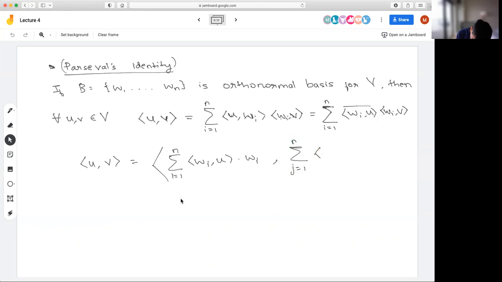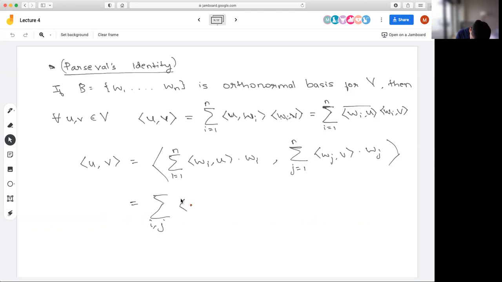It's some coefficient which can be computed this way. And again, we will open it up. We will get n square terms now. And I'm going to use antilinearity, or conjugate linearity, in the first coordinate.